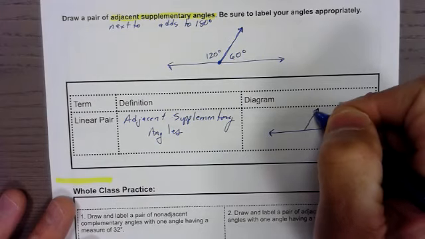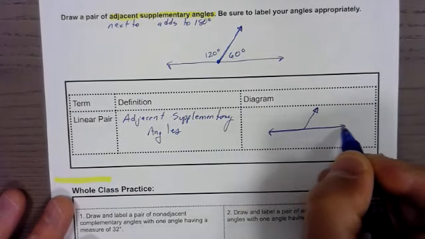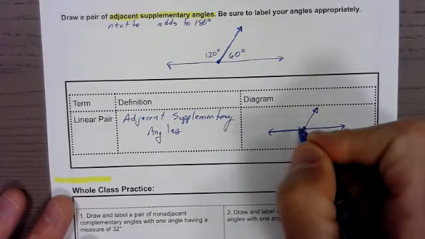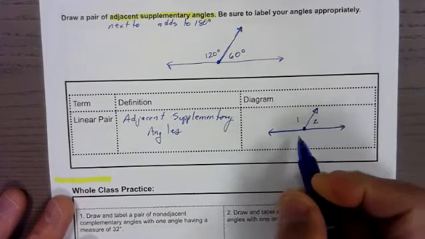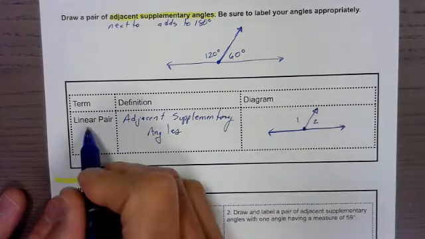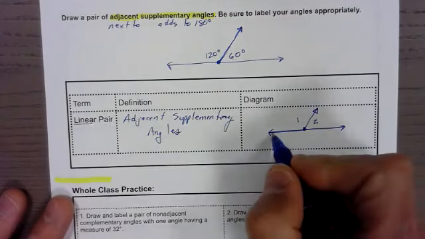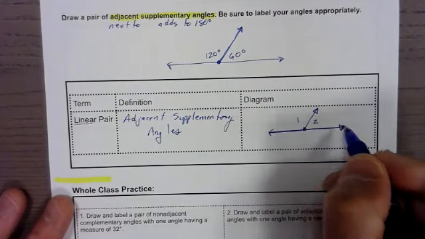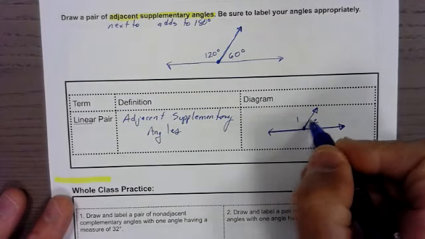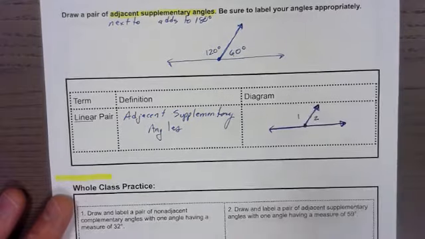We can just have something like this. We see that there's a straight angle here as 180, and we see that there's two angles, 1 and 2. So angles 1 and 2 create a linear pair. Linear, I think of linear and line, and pair meaning 1, 2 angles that comprise that line.